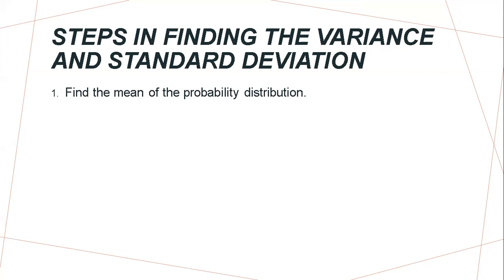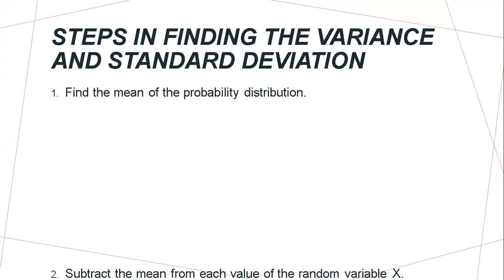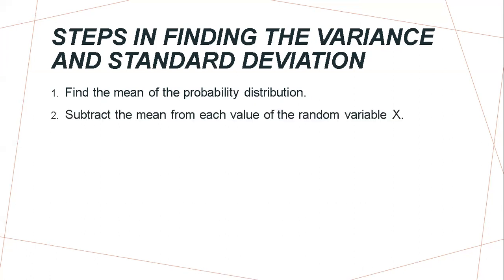So continuation lang to. After makuha natin yung mean ng probability distribution, step 2, we're going to subtract the mean from each value of the random variable. So isa-subtract natin yung nakuha nating mean dito sa kada isa. Later, mas ma-understand natin yan once we are having an example. Next, step 3, we're going to square the results obtained in step 2.